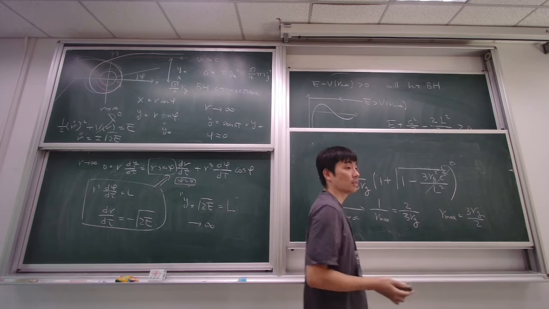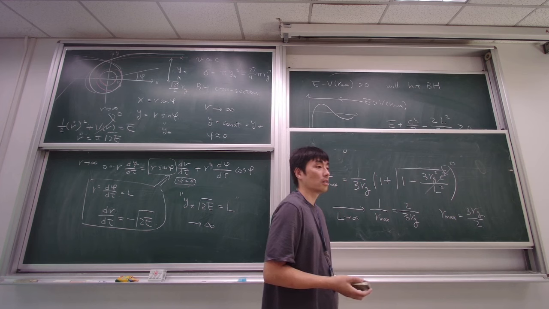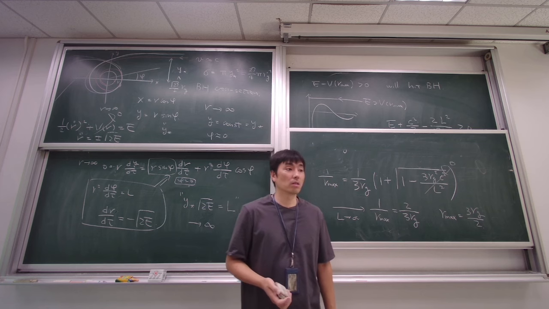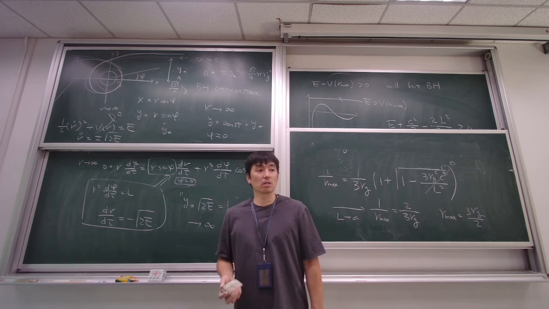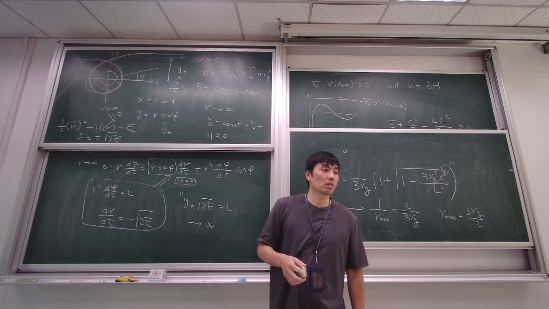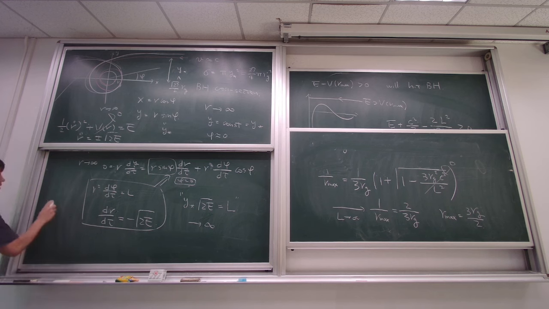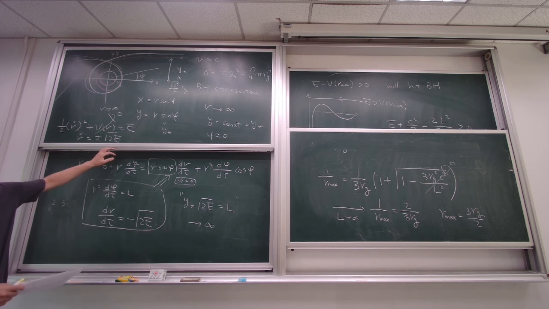The shadow of the Schwarzschild black hole is also that value. So is there any relation between the two values? The shadow value of the Schwarzschild black hole is square root of 27 over 2, that is, 3 times square root of 3 over 2, exactly the same value for y star.